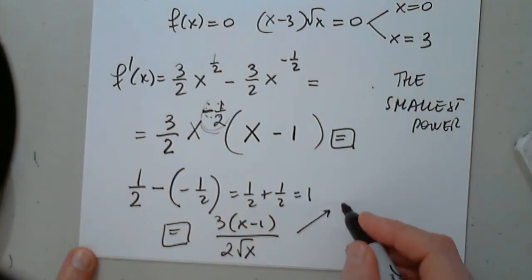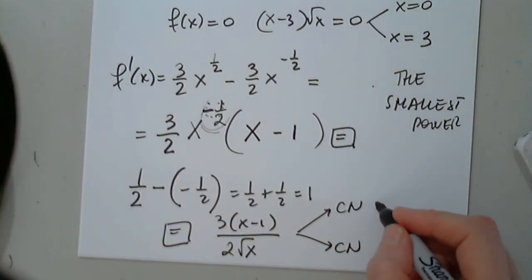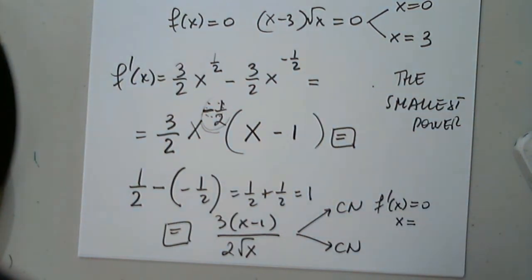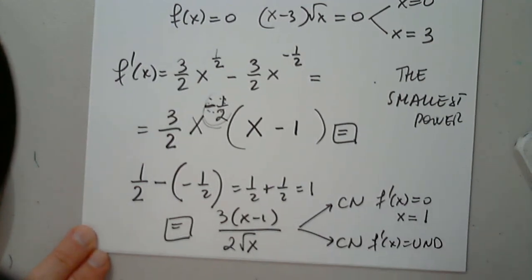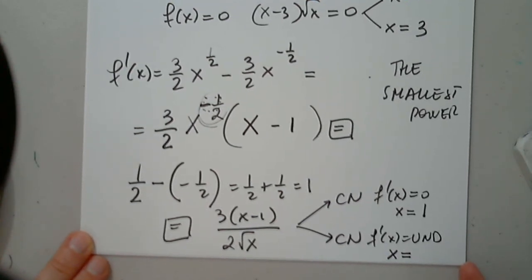Now, critical numbers come from two sources. The one from f prime of x equals 0 is x equals 1. Very good. And the one from f prime of x being undefined is 0.